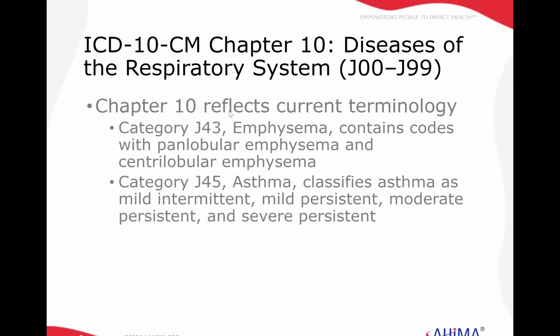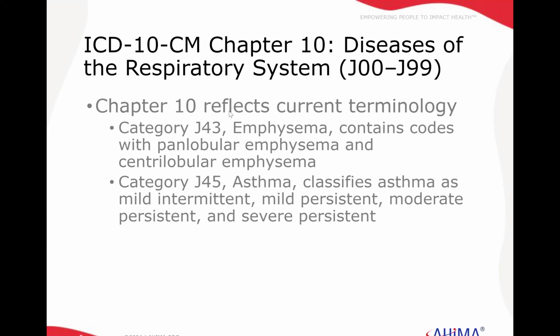One of the things physicians liked about this chapter of ICD-10 is that it uses main terms that physicians use. These include such things as emphysema, coded to category J43. And we can have panlobular emphysema, centrilobular emphysema, main term emphysema.